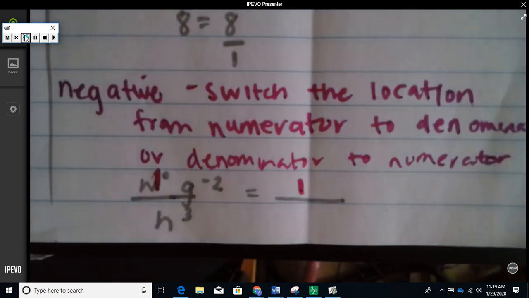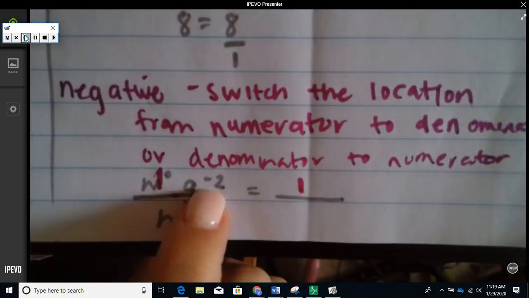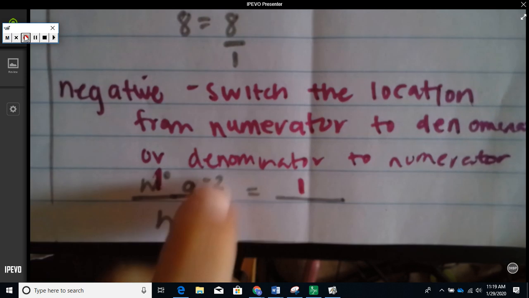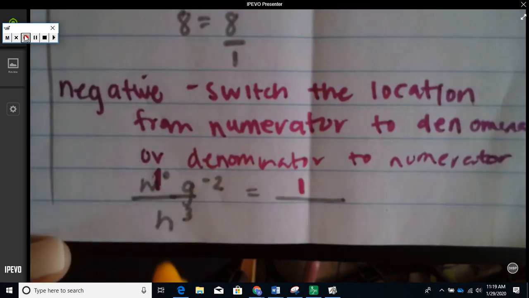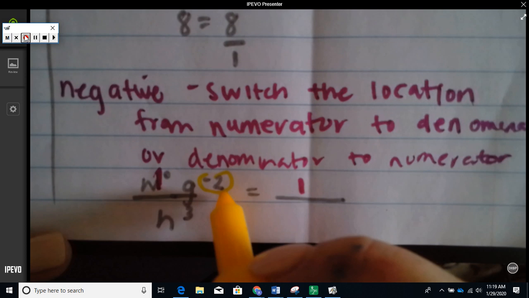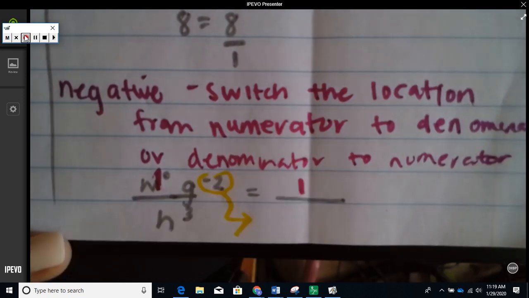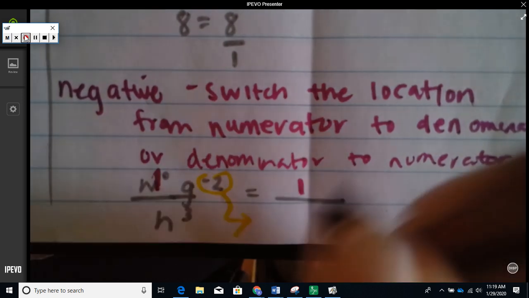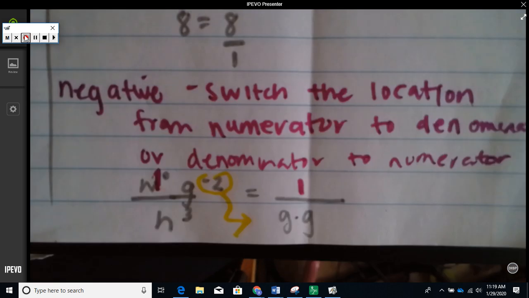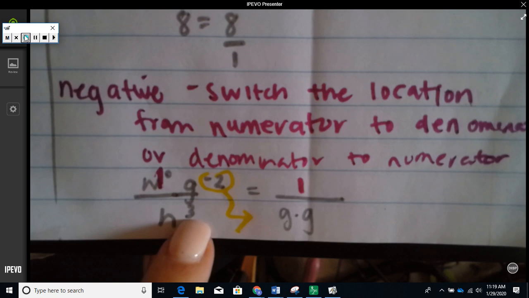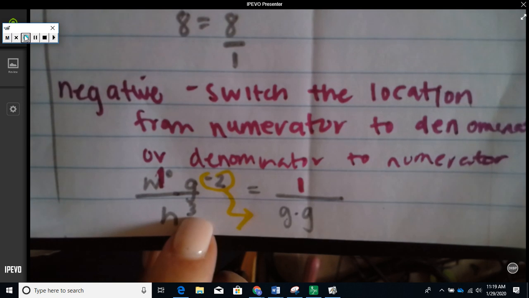Now, do you see how g has a negative? That means it switches. Here it's at the top, so you're going to switch. Because it's a negative, it goes to the bottom. So that'd be g times g at the bottom. For h, that doesn't mean it switches, because it's already down.